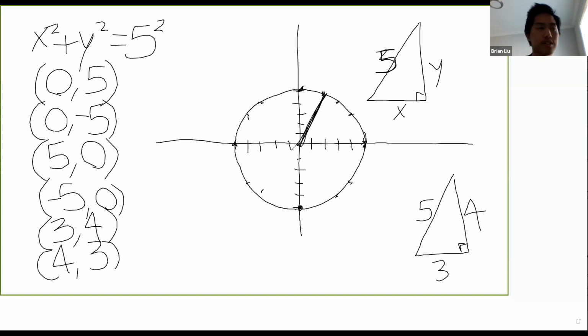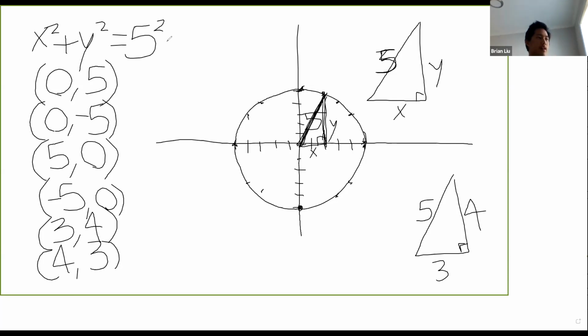We can see that because if we draw this right triangle and label it x and y, we have x squared plus y squared equals 5 squared. So every point here satisfies x squared plus y squared equals 5 squared. Every point inside the circle satisfies x squared plus y squared is less than 5 squared. Every point outside satisfies x squared plus y squared is greater than 5 squared.